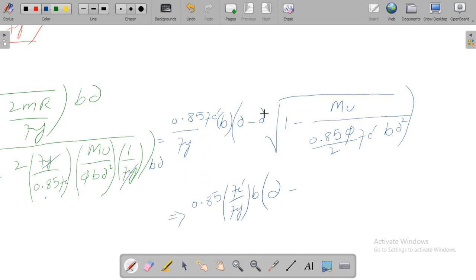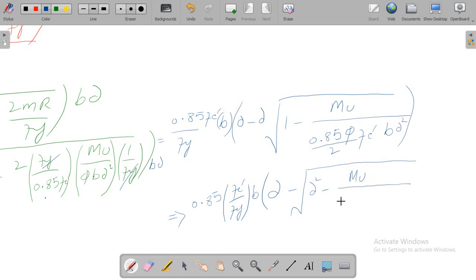So how will we bring this d inside this under root? We will square it and we take the square root. So by doing this, we will bring this d inside this square root. So that is why it becomes d square minus mu. So here we have d square. That d square will be cancelled out with this d square.